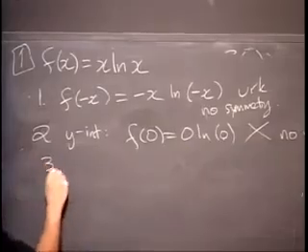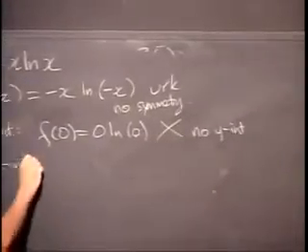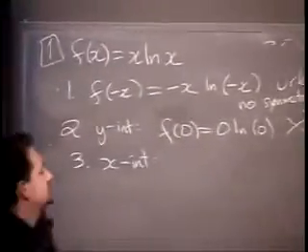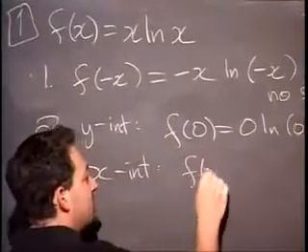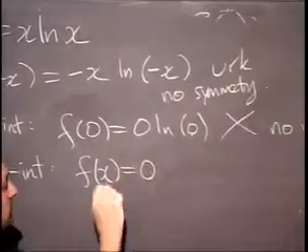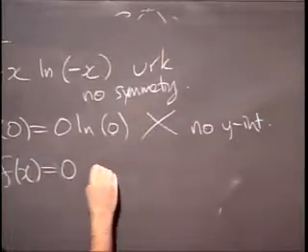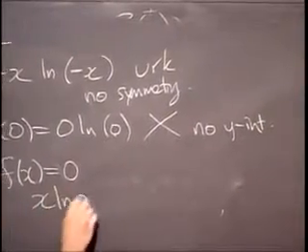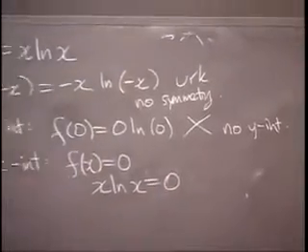Okay, how about the x-intercepts? Well, f of x equals 0, put y equals 0. Y is the same as f of x. So you get x log x equals 0. When does that happen?